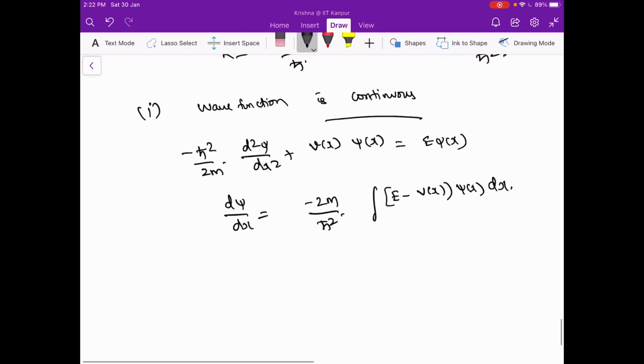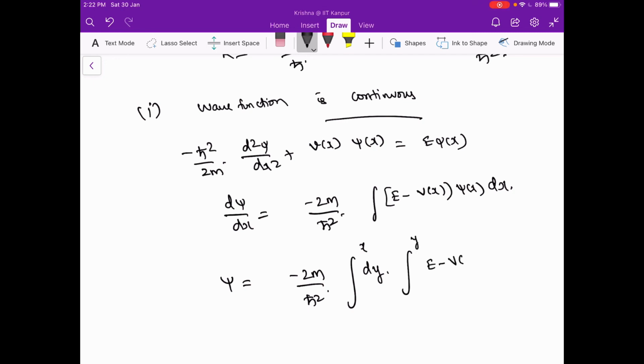And we integrate it twice. Psi will turn out to be minus 2m by h bar square double integral of E minus V of z into psi of z dz. Of course, z and y are dummy variables which are just introduced to conduct these integrals.